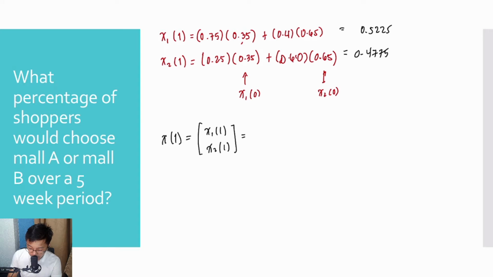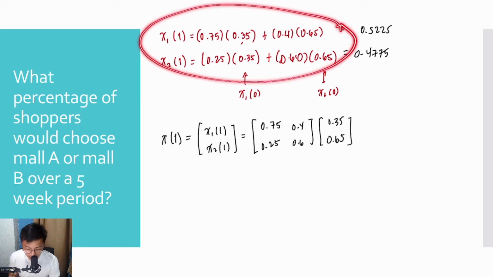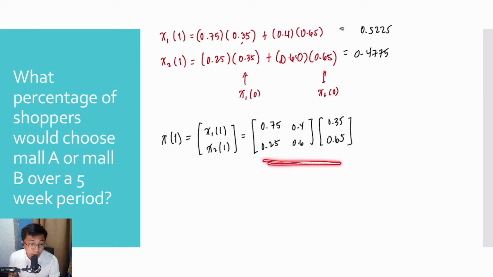That would be equal to the multiplication of the matrix 0.75, 0.25, 0.4, 0.6 times 0.35 times 0.65. So what we did here is that we wrote down this linear system as a multiplication of two matrices.